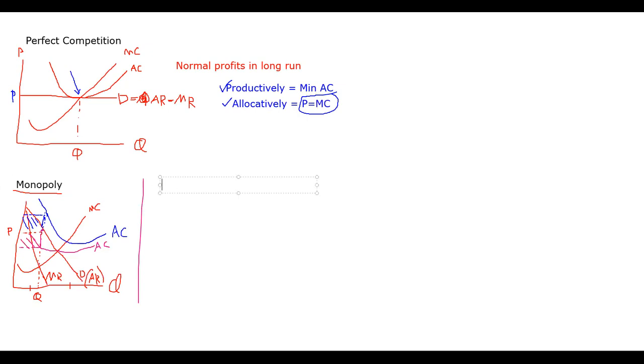So you have a discriminating monopolist. For a large amount, it would be very similar to your normal monopolist. This would be AR, which is basically your demand curve.